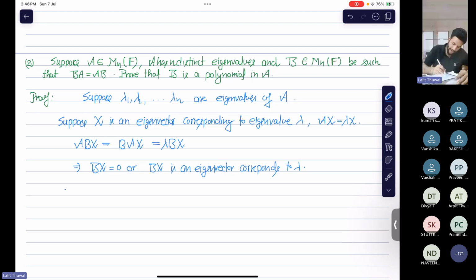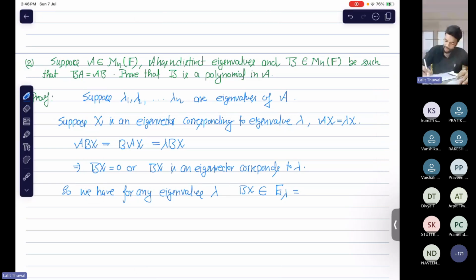So we have, for any eigenvalue lambda, the eigenspace of the eigenvalue. What is the eigenspace? Do you know about that? Yeah, you must know.